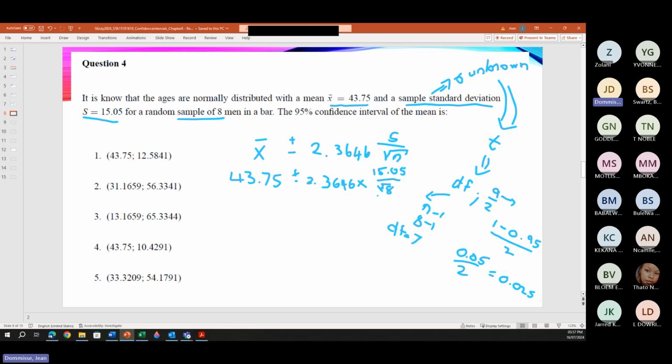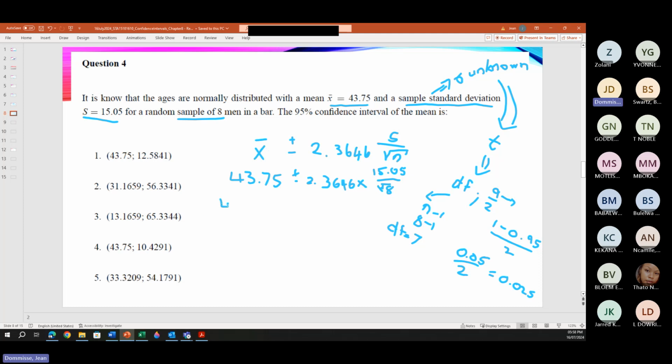So again, let me use my calculator. So square root of 8, I get 2.8284, so 15.05 divided by that.